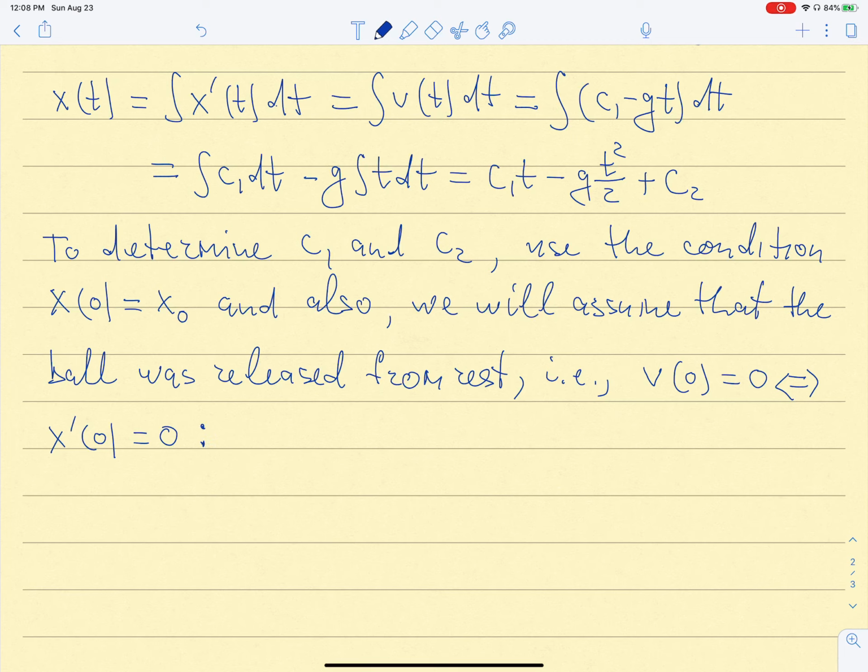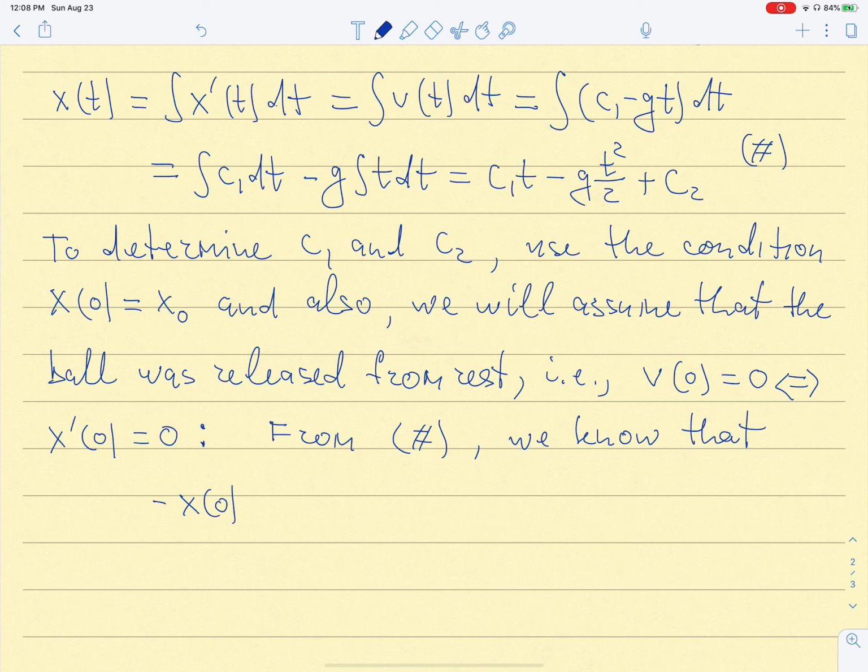We have that what is x of 0 from my equation. So from the solution, we know that x of 0, which I want to be equal to x0, right?